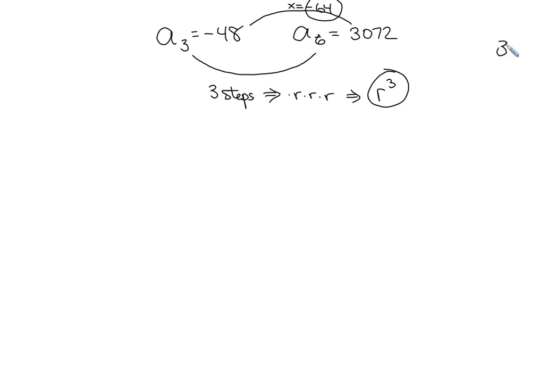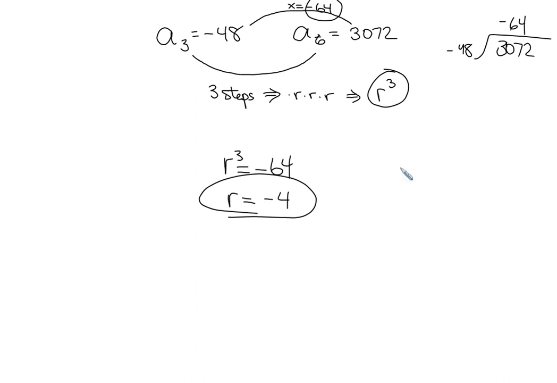So when you guys do 3072 going backwards, you're going to divide by negative 48. It's going to give you negative 64. So we know that r cubed must give us negative 64. So what must r be then? So we now know that a sub n is equal to a1 times negative 4 to the n minus 1.